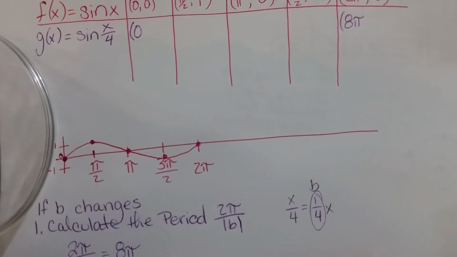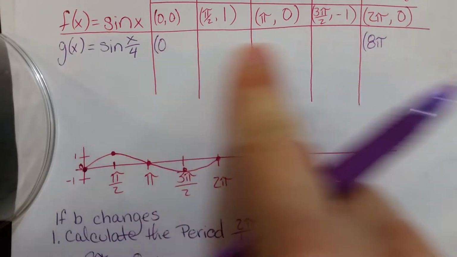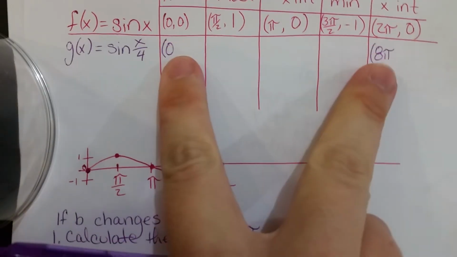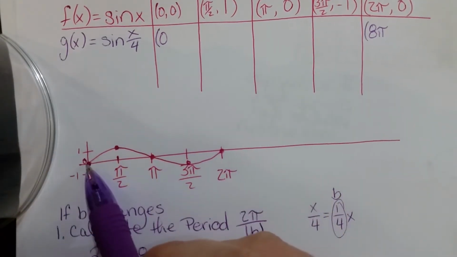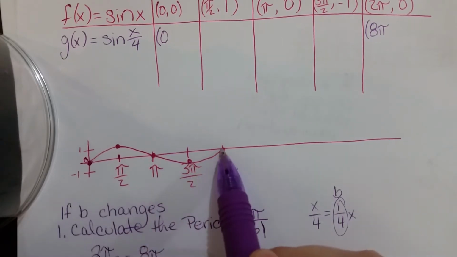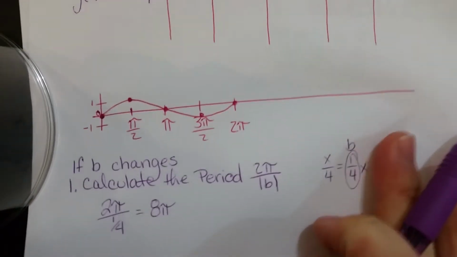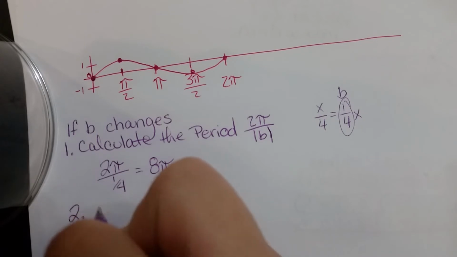Now, in order for us to accurately fill in these x values, I basically need to split this into 4 sections. So look at your graph. If you notice, the graph has 1, 2, 3, 4 sections. So you want to take this 8 pi and divide by 4 to find out how far apart.